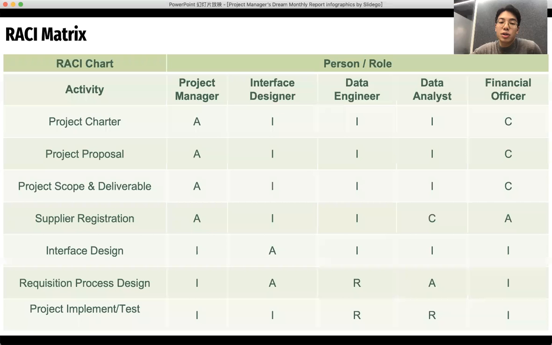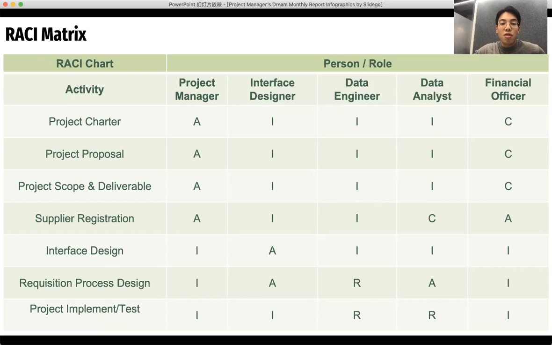For the RACI matrix, I identified several roles, such as project manager, interface designer, data engineer, data analyst, and financial officer. Here, the financial officer could also be the financial approver or the whole process approver.